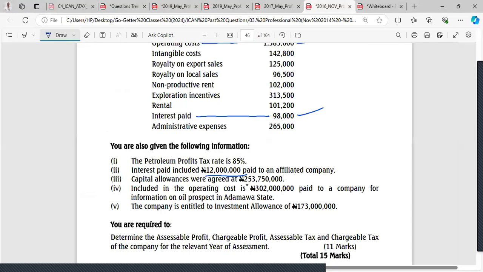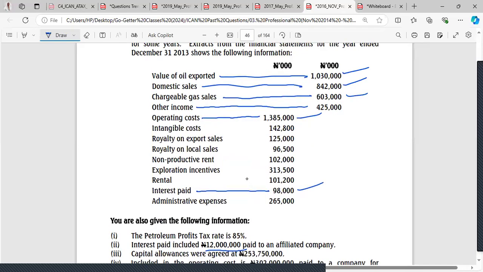So that means we've done interest. Company is entitled to investment allowance. We'll do that later. So we'll come down here. Intangible costs allowed, 142,800.